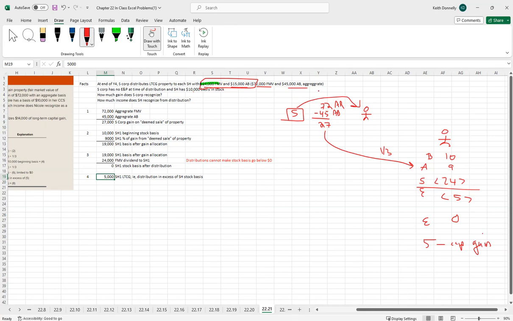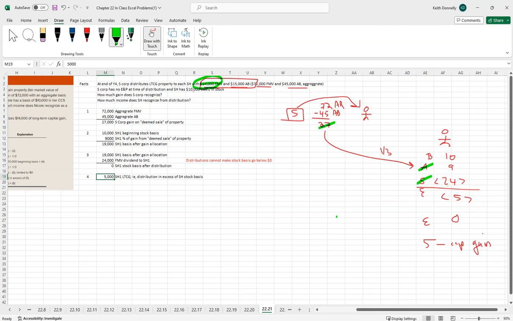When you have a property distribution, the S Corp recognizes gains, not losses, gains. That gain is going to affect the shareholder's basis, and that basis formula is going to hit the A for the percentage of the gain, and then it's going to hit the S for the fair market value of the distribution to the shareholder.